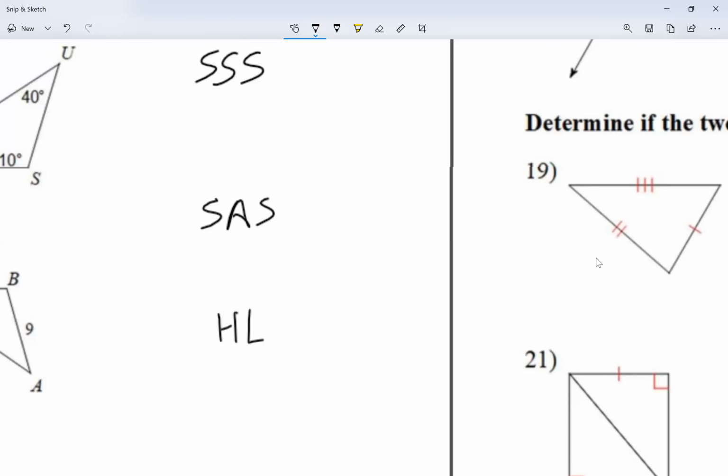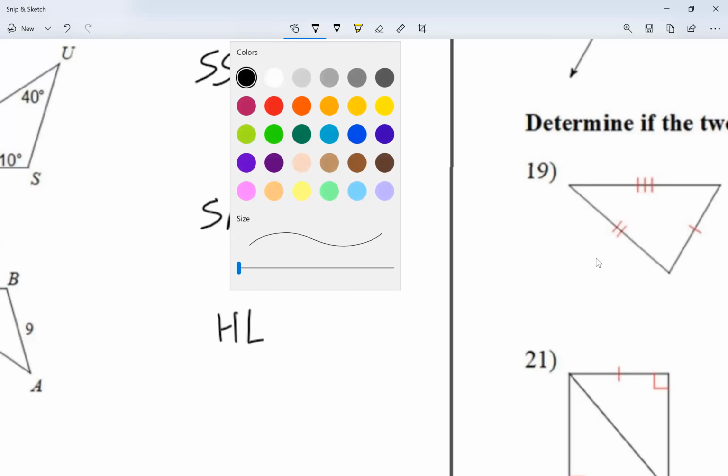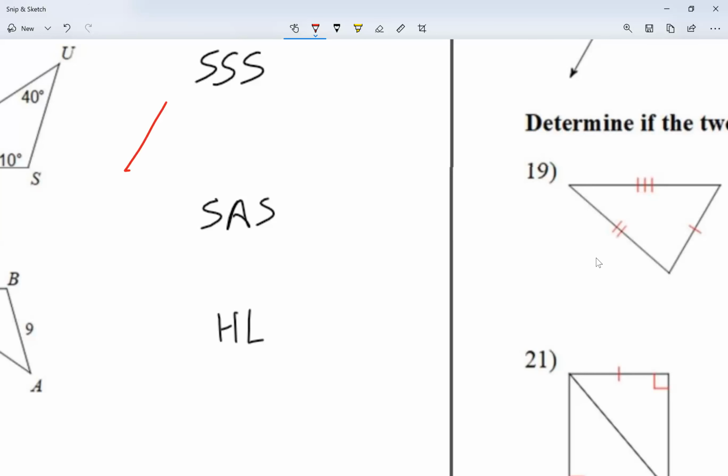Now, let's say I have a triangle, and then I have another triangle. Usually when I say sides are equal, I use slashes. So let's say this side of this triangle is equal to this side.